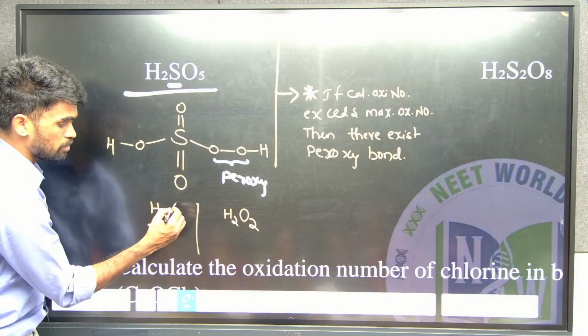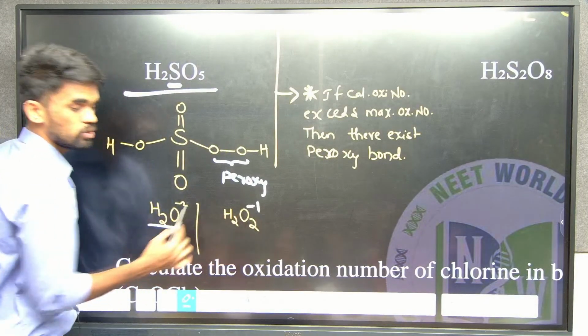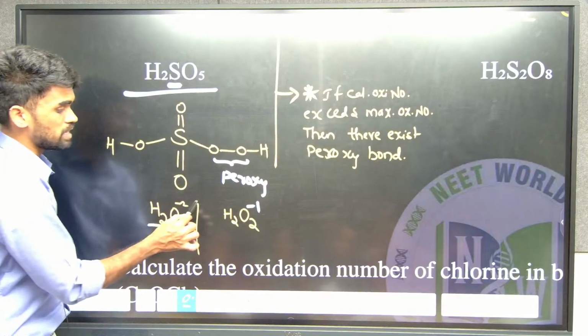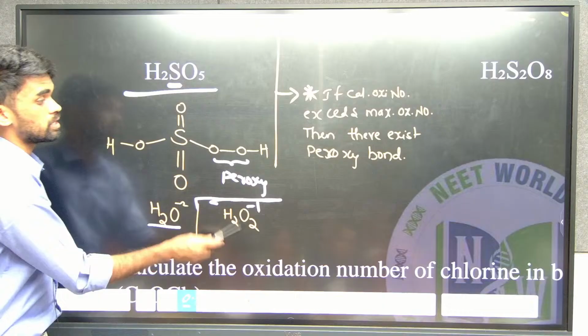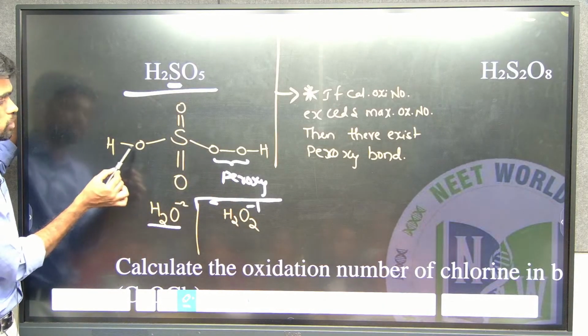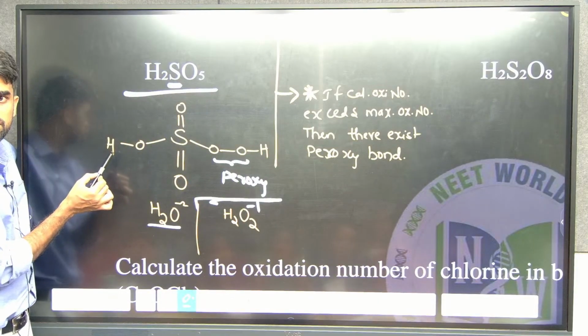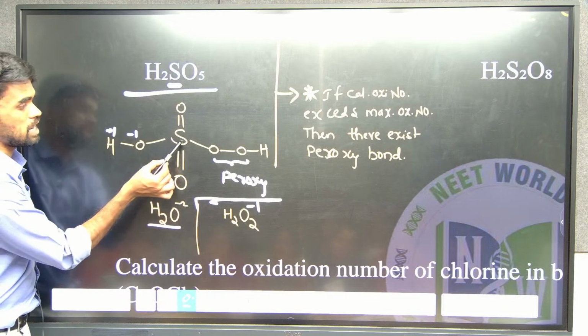So here it will be -2 you will get, but here if you do, it will be -1 you will get. Okay, so what is the oxidation state of oxygen in peroxides? -1. So here also with respect to this bond, see, who is more electronegative between oxygen and hydrogen? So it should be -1, this should be +1. Between sulfur and oxygen?